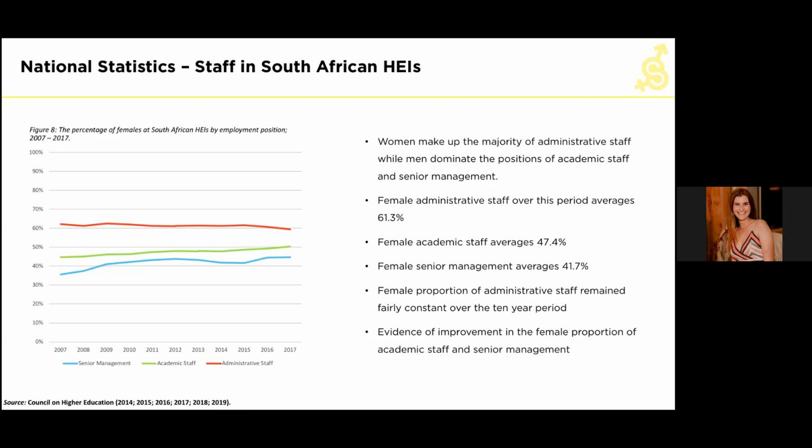National data between 2007 and 2017 on staff members at all South African HEIs was obtained from CHE online publications. Looking at the data on the gender composition of staff members, we find that women make up the majority of administrative staff, while men make up the majority of academic staff and senior management. So you can see how the percentage of females drops here.